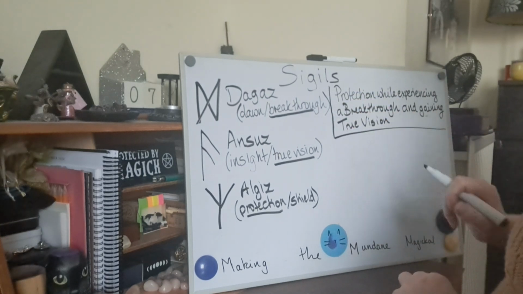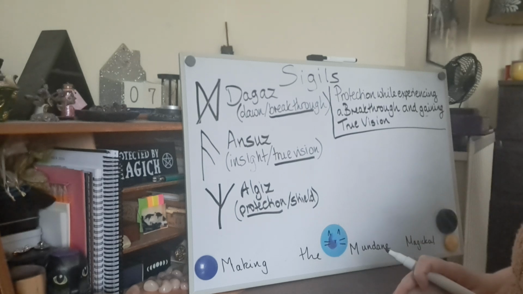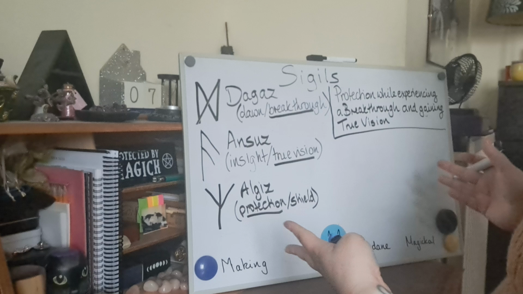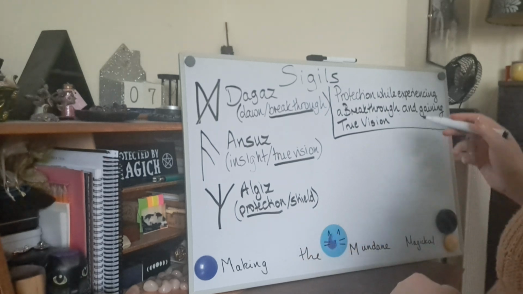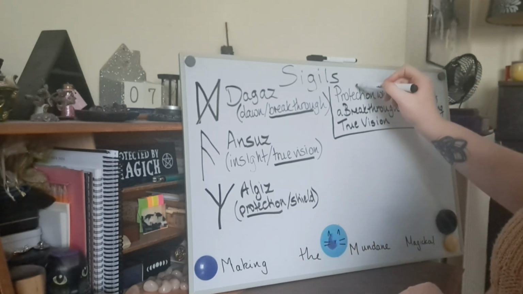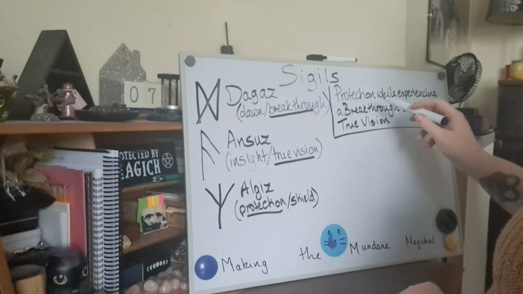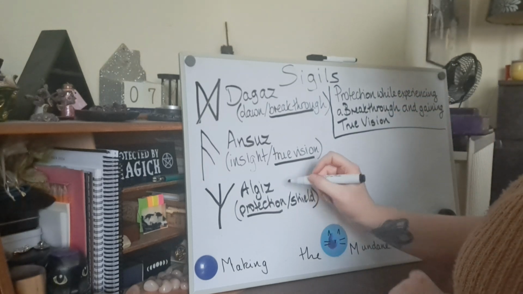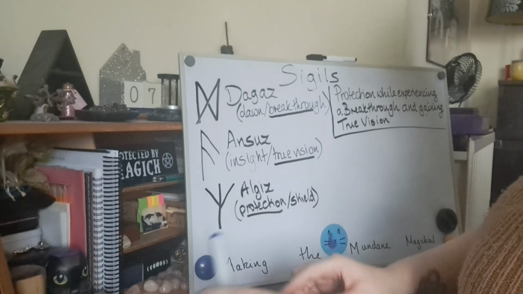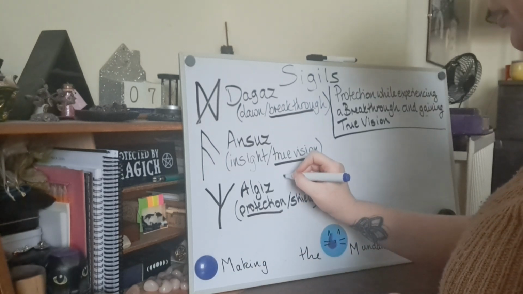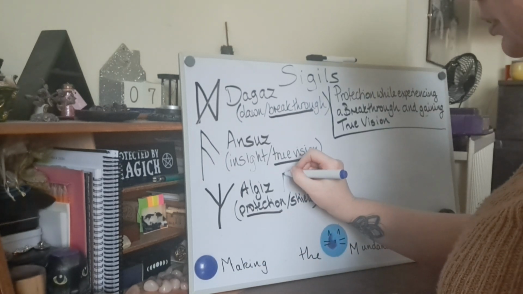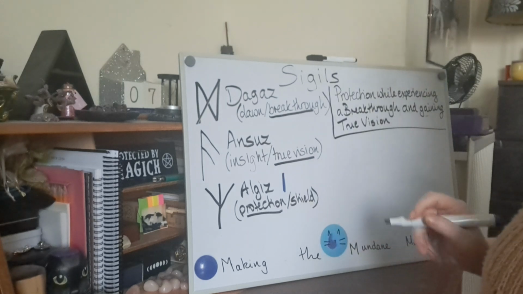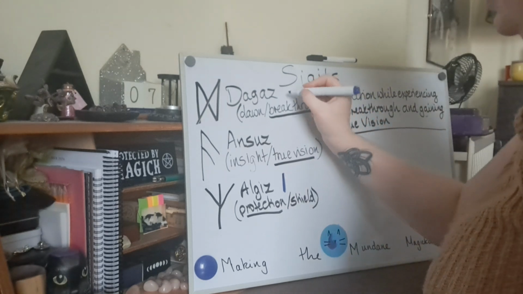So this is the intention, this is the purpose behind the sigil. This is it. So what I do is I will go in order. So protection, let's do this in blue. So I'm going to draw you first. Algiz is going to go first. Breakthrough is going to go second.